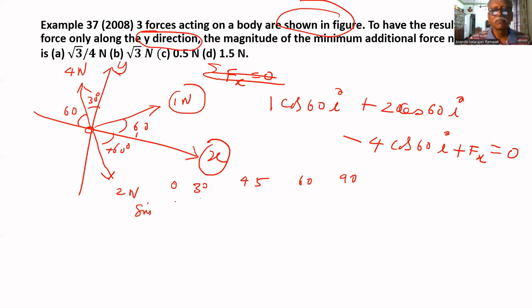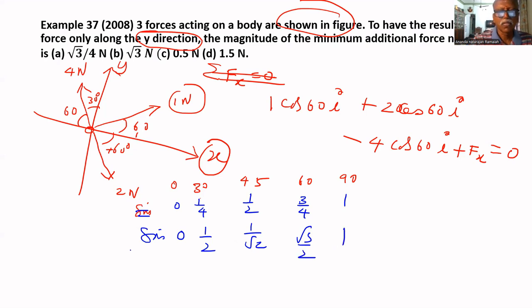So we have to write 0, 1 by 4, 2 by 4, 3 by 4, 1. If you take the square root of this, you will get the sine. Sine 0, 1 by 2, 1 by root 2, sine 60 equal to root 3 by 2, 1.